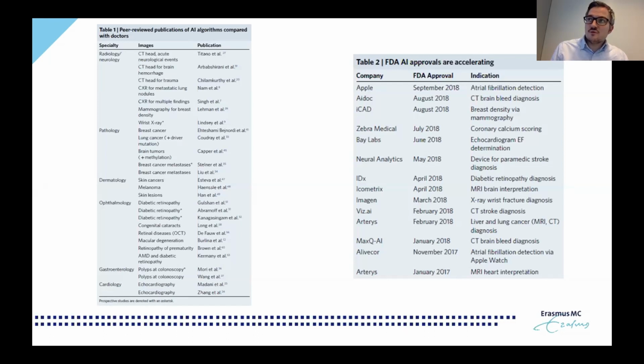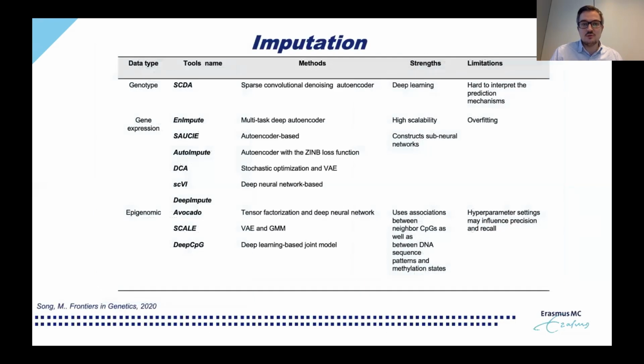But if you think about the application for fast omics analysis, I think the most obvious example which came to mind is the imputation of data. And I made a summary of the algorithms where they can be used. It's about genotype data imputation, gene expression imputation, epigenomic data, proteomics.